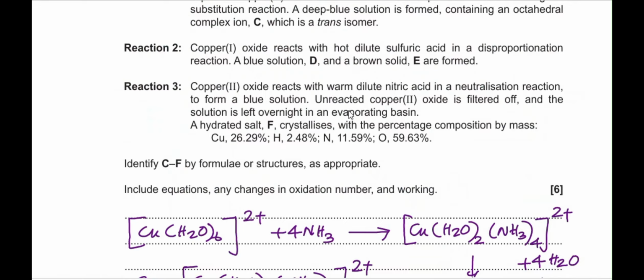From this blue solution mixture, unreacted copper 2 oxide is filtered off and the solution is left overnight in an evaporating basin and hydrated salt F crystallizes. Therefore, this F must be Cu(NO3)2 with certain water molecules as water of crystallization.